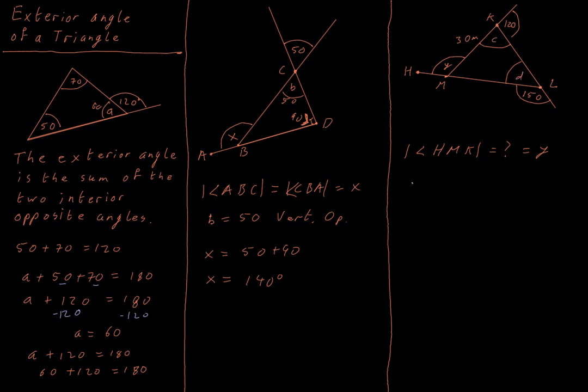C plus 120 must equal 180, rearranging, because this is a straight line. I know that C must be equal to 60 degrees, and D, again, I'm finding C and D just because I can see that they're things I can find.